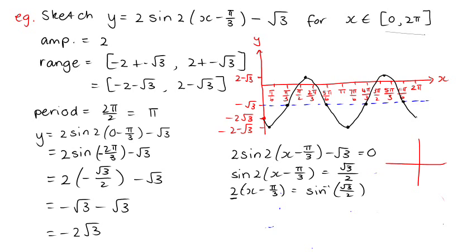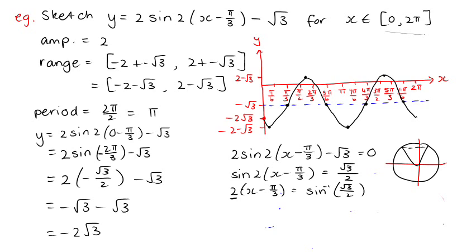Right, so let's draw our unit circle. So we know that it's pi on 3 out there. And because of symmetry, we also get that one out there. And we're going around twice from 0 to 4 pi.